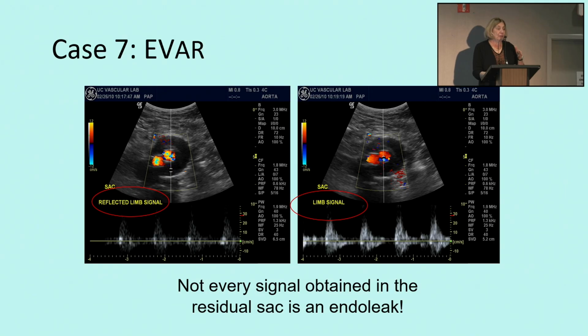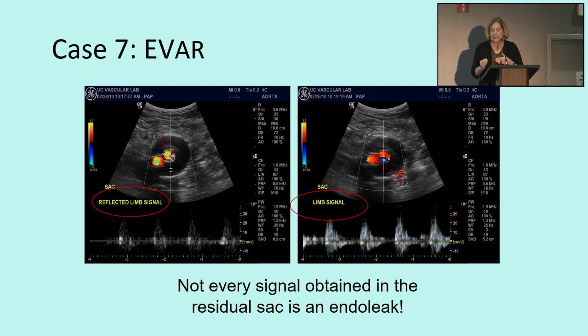What I would ask you to do is either change the patient's position and get that area out from under the very bright limb, because when we're between two bright areas, the limb and the aortic wall, what can we get? Just like in the subclavian, you can get a mirror image because it's bouncing back and forth.